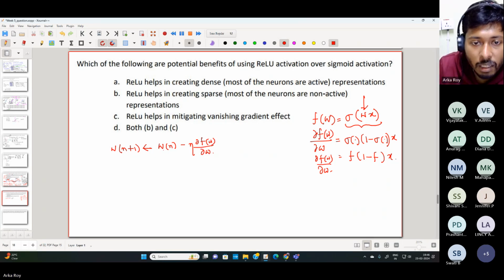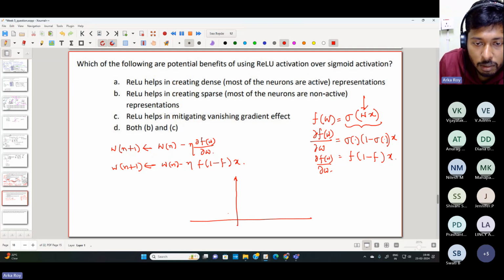If I expand this equation, w(n+1) equals w(n) minus eta into f into 1 minus f into x. Now you plot the sigmoid function. The sigmoid function looks like this. This is 0.5, this is 1, and this is 0.